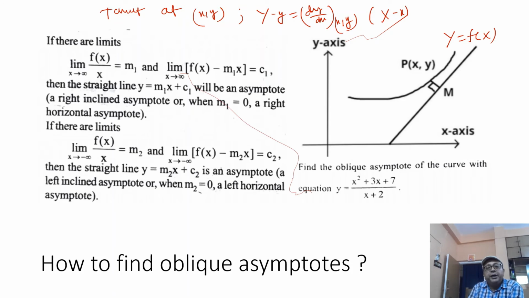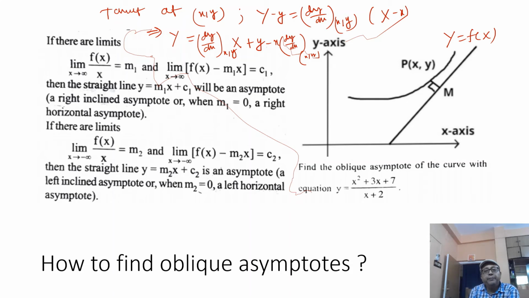If we rewrite the equation, it is of this form: Y = (dy/dx at (x, y)) times X + (y - x dy/dx at (x, y)).